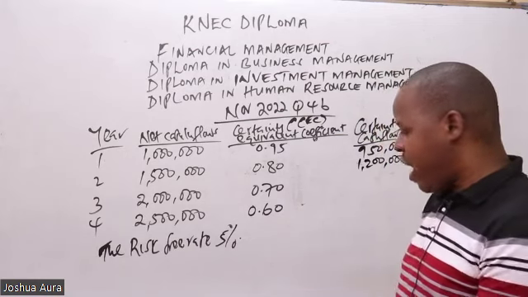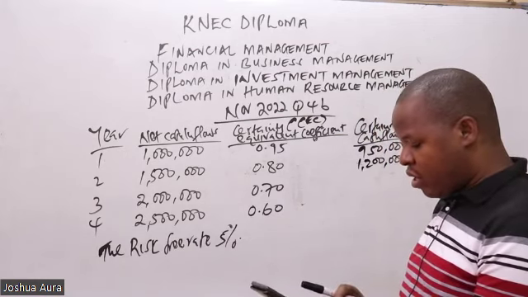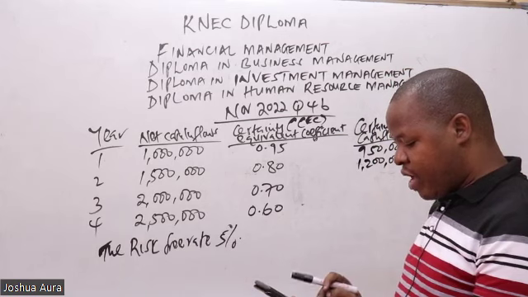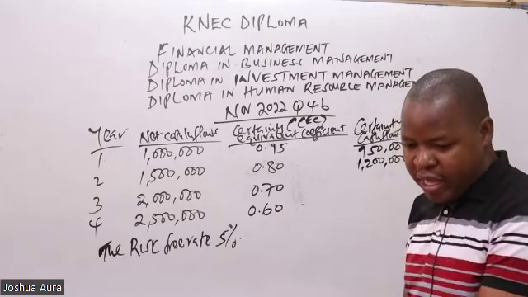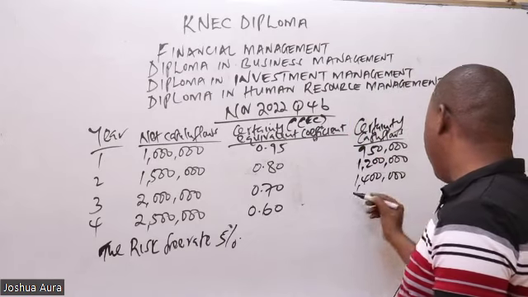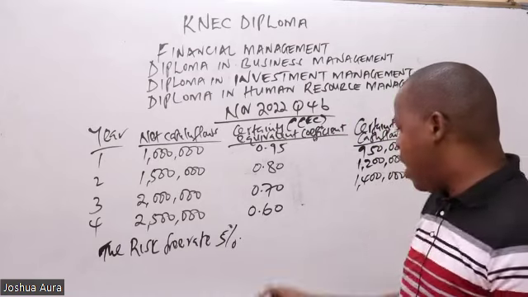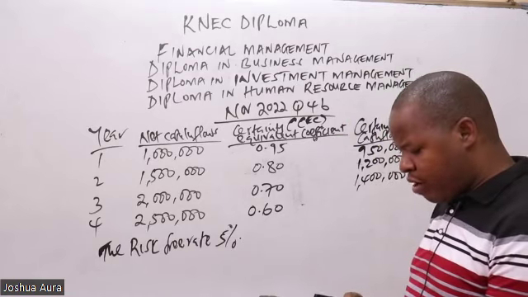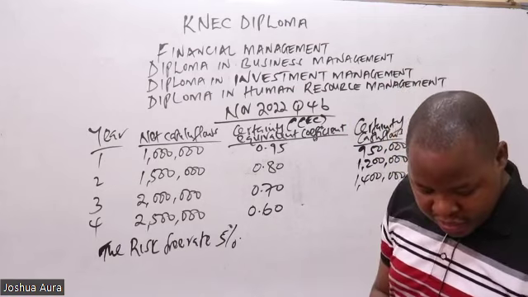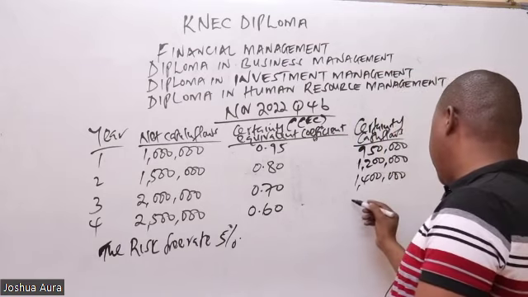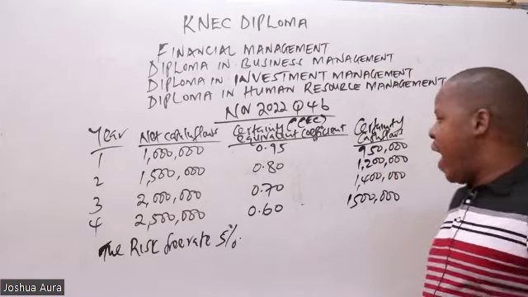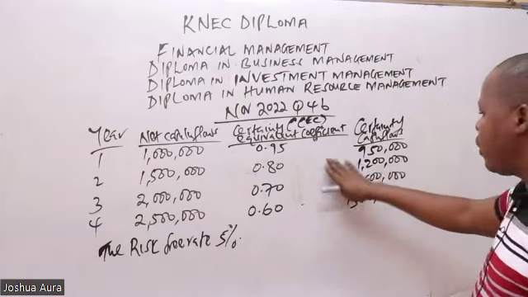For year three, 2 million times 0.7 gives 1,400,000. For year four, 2,500,000 times 0.6 gives 1,500,000. Now we have the certainty cash flows.